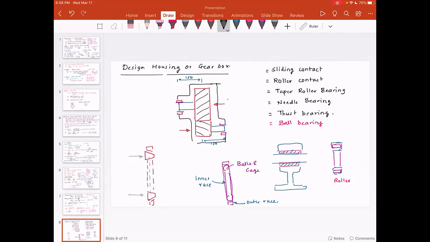This is purely from the geometry point of view. We are not doing any of the stress calculations. The only calculation that may be performed is the heat dissipation capacity, and I will talk about it in just a second. So this is how the housing is going to look.